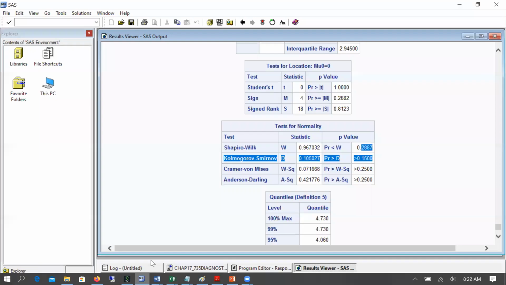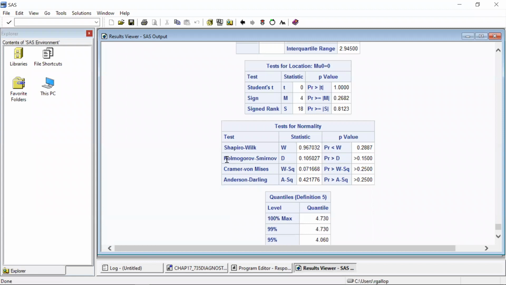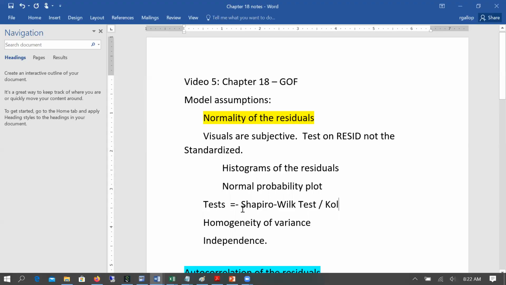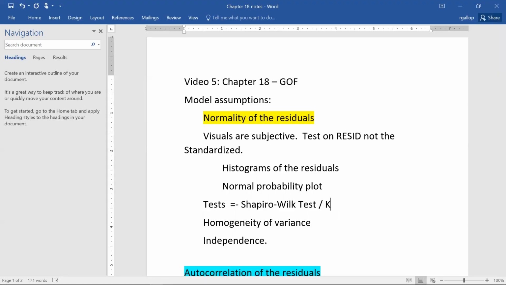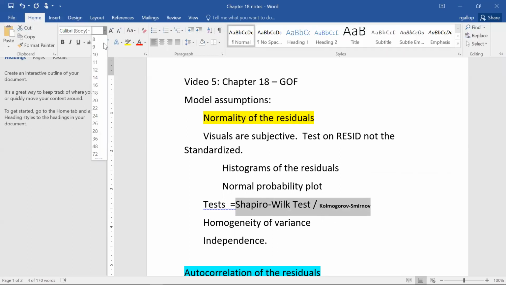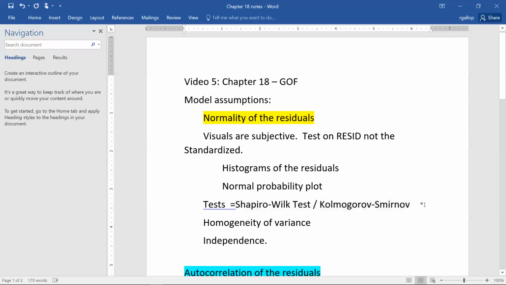Let me just steal this. The Shapiro-Wilks and Kolmogorov-Smirnov seem to be the two most common that we end up dealing with as we start moving forward. Those two seem to be the most important.